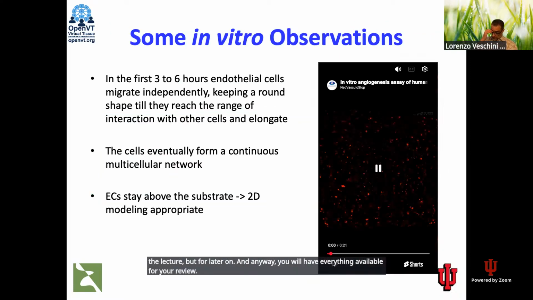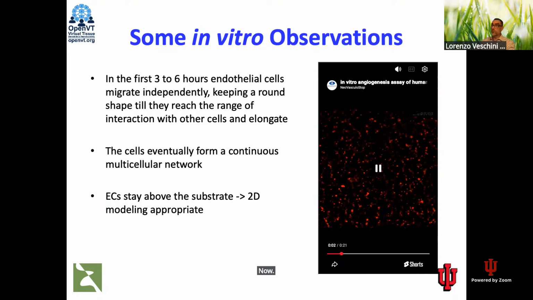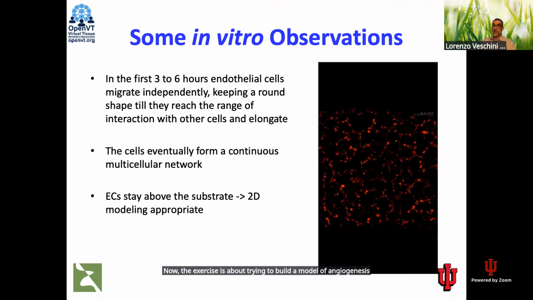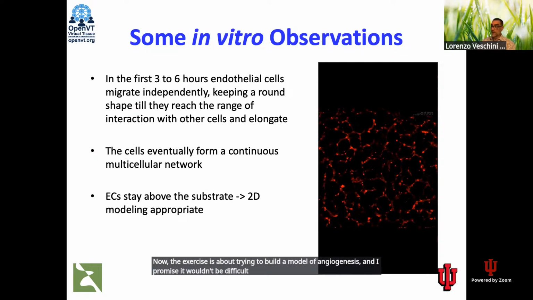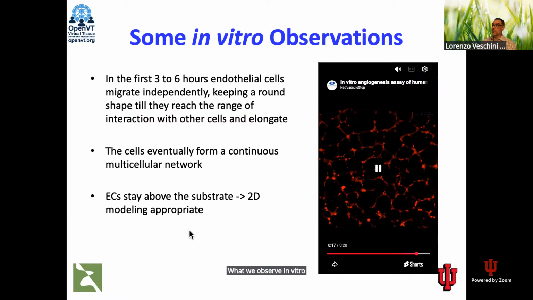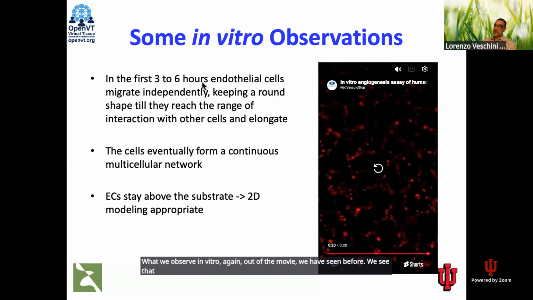Now, the exercise is about trying to build a model of angiogenesis, and I promise it won't be difficult or complicated. So I'm taking some time to talk about the preconditions. So what we observe in vitro, again, out of the movie we have seen before, we see that in the first 3-6 hours, endothelial cells migrate, so they move in this experimental matrix, above this experimental matrix.